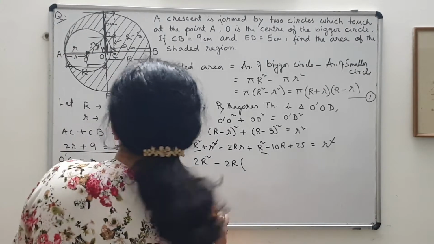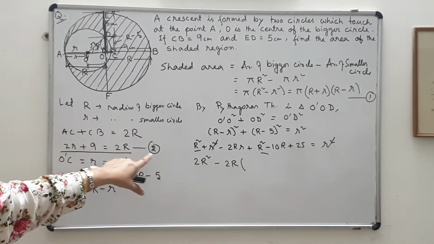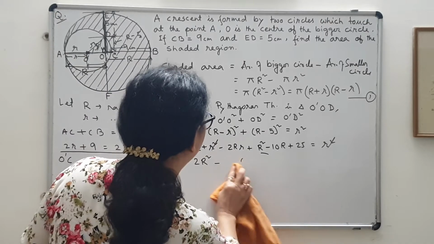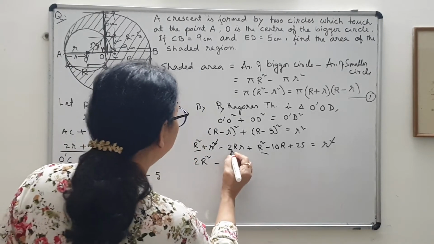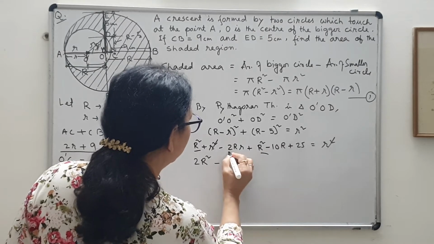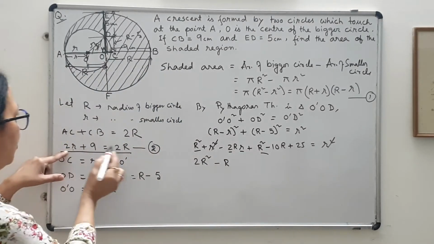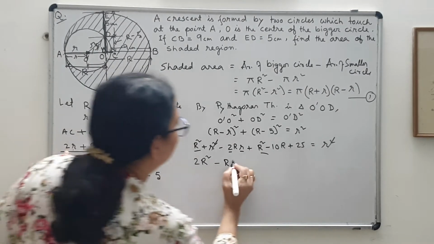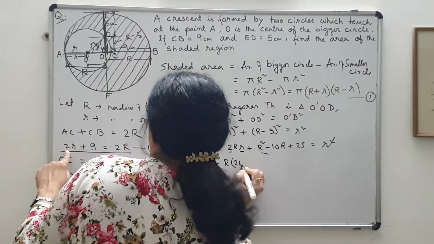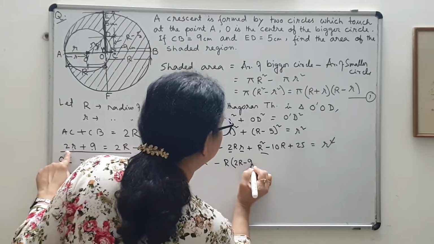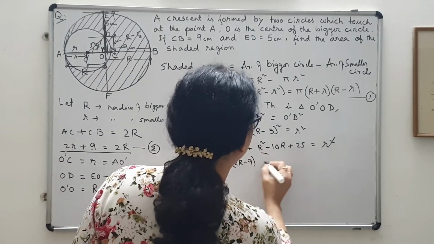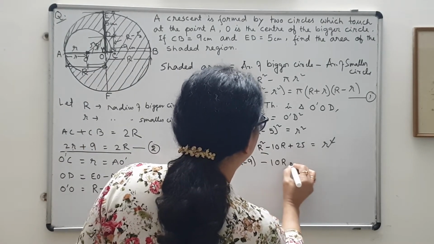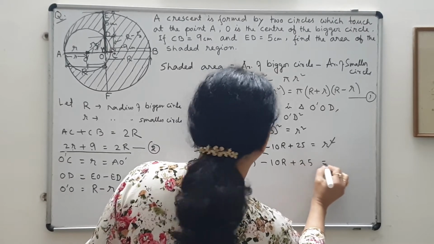You see what I can do, because 2R is related to r, no? So I keep r, and this 2 into R, I can write as 2r minus 9. Is it okay? Yes, sir. Then this I have already taken, then minus 10R plus 25 is equal to 0, right?